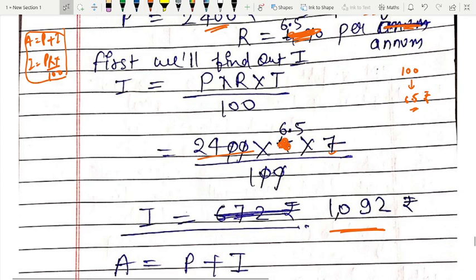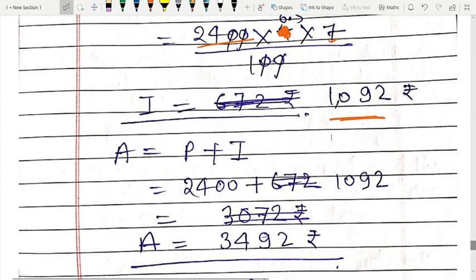After finding out the interest, you know that A is equal to P plus I. We just need to manipulate the formulas and the answer will come. If you know the formula, then you will definitely do the questions very easily. So principal is given to you.